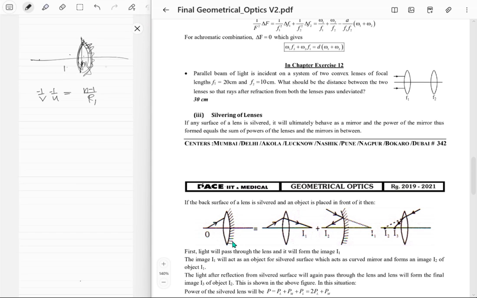For this guy, you are going from this medium of n refractive index to a medium of negative n refractive index, which is of course just this medium, but you're going opposite, and that's why final minus initial is going to be minus 2n. And minus 2n upon r2 is what we look for. The last term is we are going from here to here, so it's going from minus n to minus 1. So final minus initial is just n minus 1. So plus n minus 1 upon r1. So it should be 2 times of that.